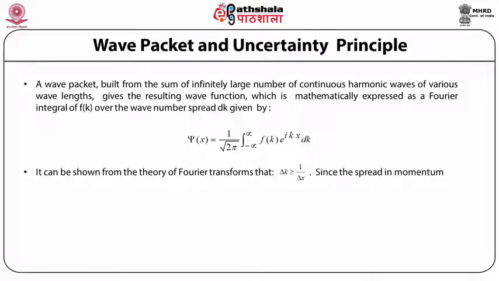Now, since the momentum of the wave or the particle is given by p is equal to h cross k, therefore the spread in the wave number can be represented by a change or a spread in the momentum values, and this spread in the momentum values is given by delta p is equal to h cross delta k.